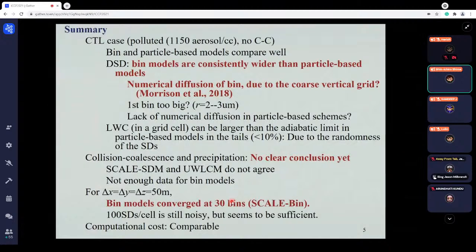So from this, we conjecture that this numerical diffusion is caused by the coarse vertical grid resolution, and this is consistent with Morrison et al. 2018.